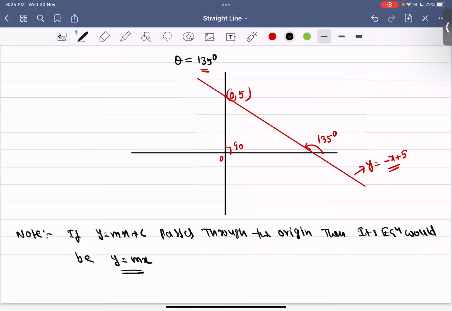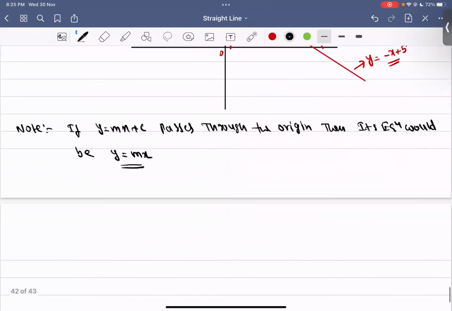Because when x is equal to 0, the corresponding y is equal to 0. Therefore, the line which passes through the origin will be of the form y is equal to mx.